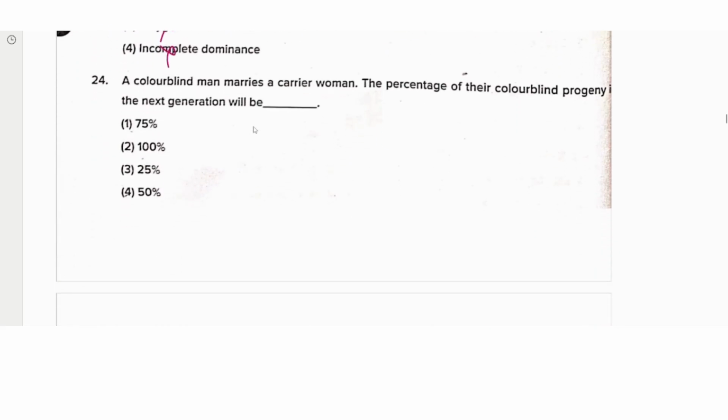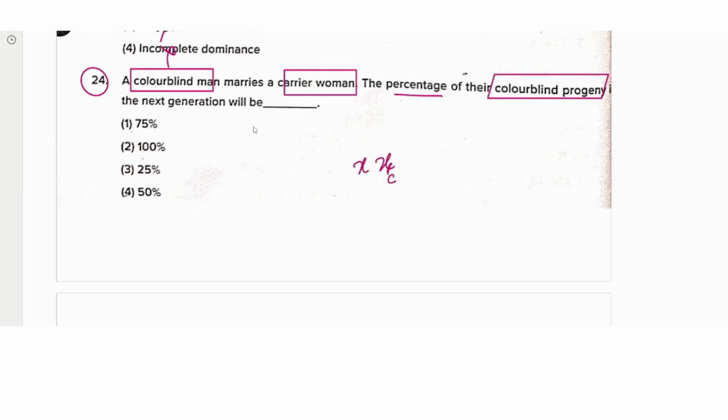Next, question number 24. A colorblind man marries a carrier woman, then the percentage of their colorblind progeny. They are saying carrier woman for colorblindness, and the husband is colorblind, XcY. So what would be the chances for them to become colorblind?